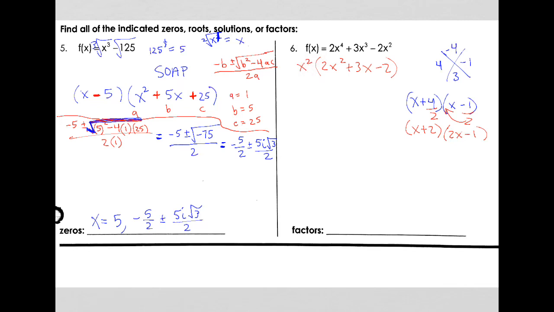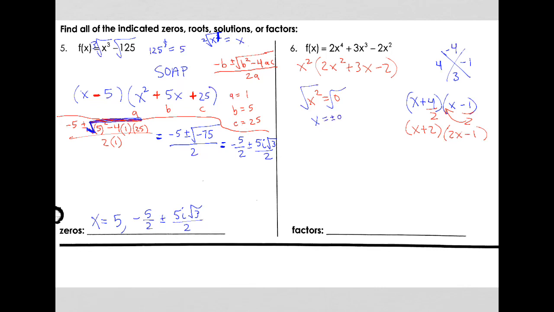Now we can't forget about our GCF that we had out there. And so let's set that equal to 0. x squared equals 0. In order to get that square term off of there, we got to take the square root. That's going to end up being x is equal to plus or minus 0, but there is no plus or minus 0.